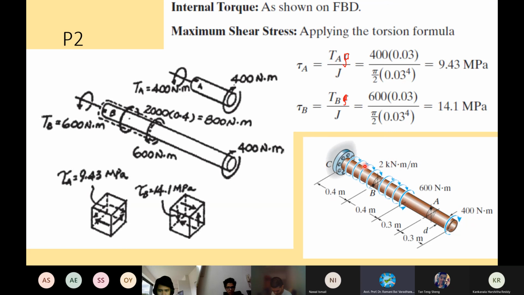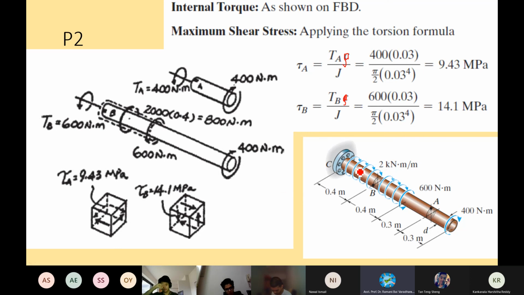In other words, the distributed or point moment is also given, so we can directly substitute. Start from here, you multiply 2 times 0.8, the distance. 2 times 0.8, how much is it? 1.6, alright? 1.6 kilonewton meter for the whole, acting at the center right over here.